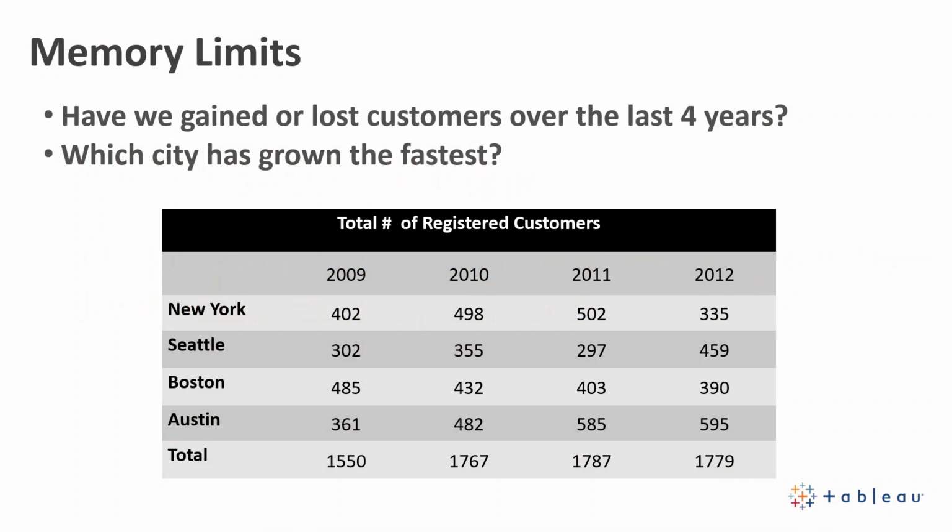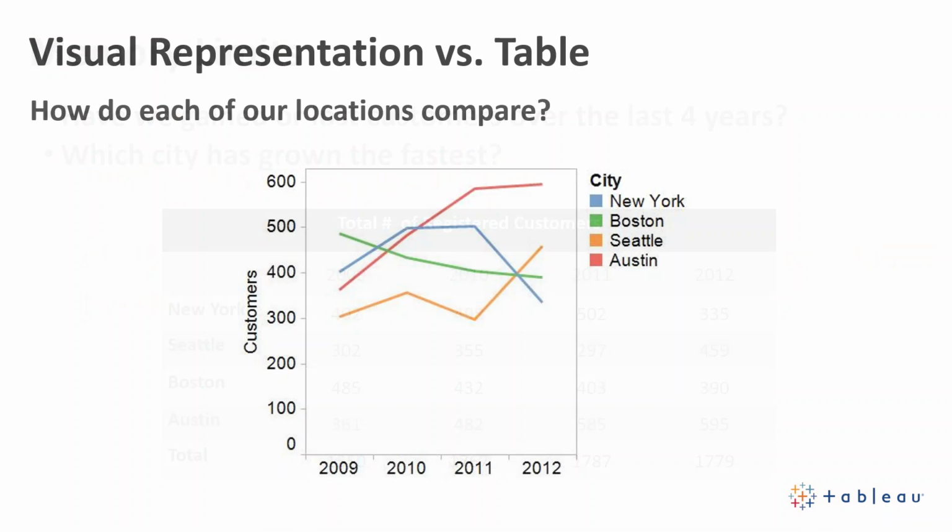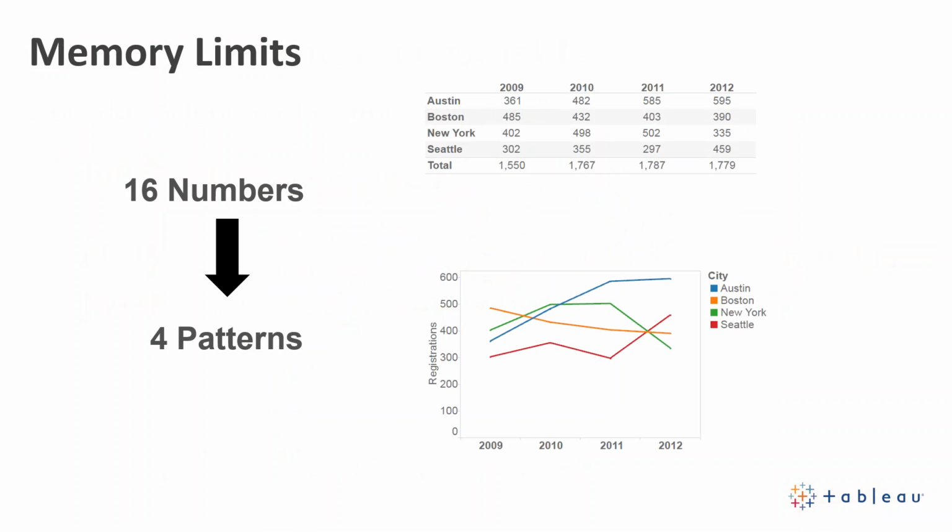But if I ask you how each of our locations compare, well, that's a little bit trickier, isn't it? But if the same data is shown visually with a line graph, we can easily make the comparison. Why is that?